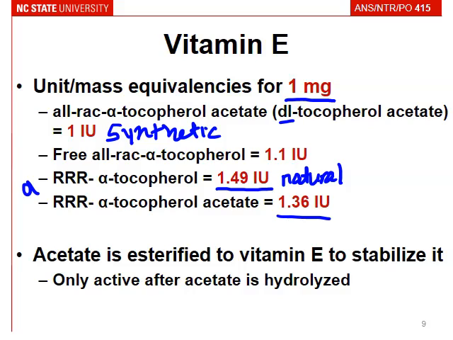As noted here, the acetate is added, esterified to our tocopherol to stabilize it, because our vitamin E is only active after the acetate is hydrolyzed off of it, and that's going to occur within the small intestine.